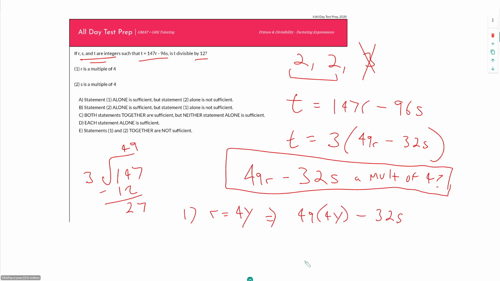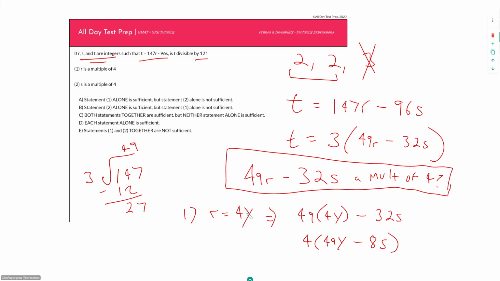So what can I do here? You can take out a 4 now from each of your two terms, because 32 contains a 4 and our 4y also contains a 4. So I have 4 times 49y minus 8s.